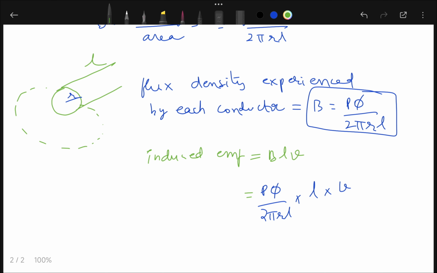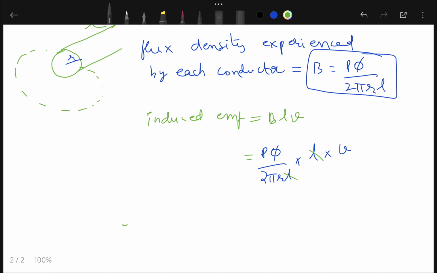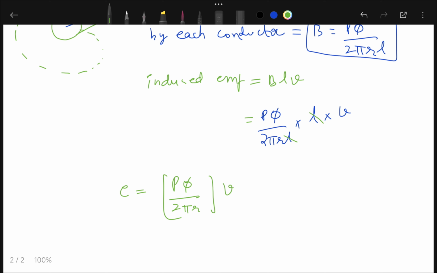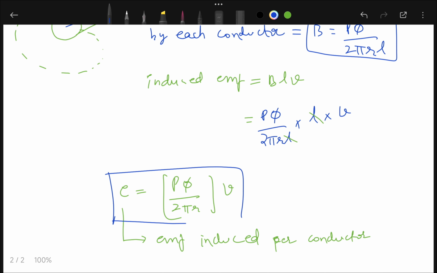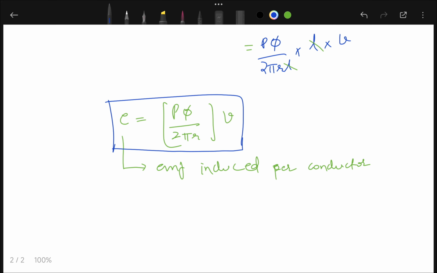Now I can cancel the common term L. So the induced EMF, which I'll denote by E, is obtained as P phi by 2 pi R into V. This is the EMF per conductor, induced in a conductor traveling in a magnetic field of flux density B with velocity V. Based on this formula there was once a GATE problem also, so try to search for it.